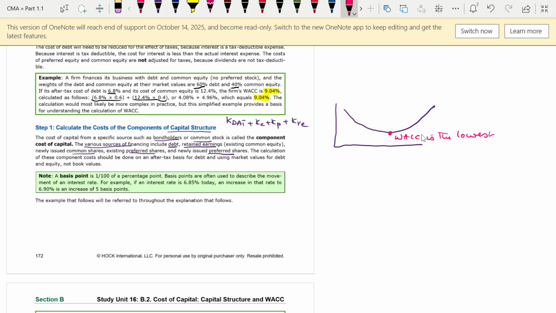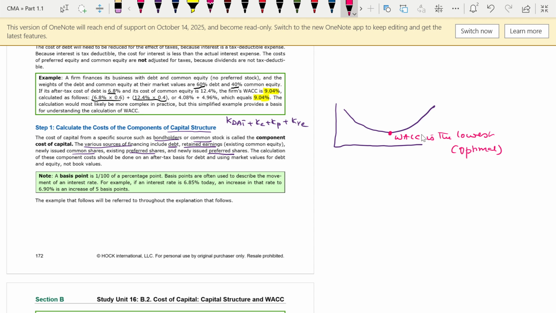We use the word optimal; optimal means lowest. That is what we are saying. The moment there is a change in combination, definitely, every firm will have its own assumption.